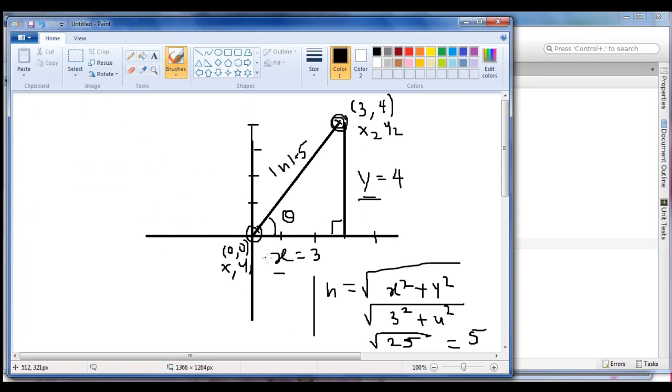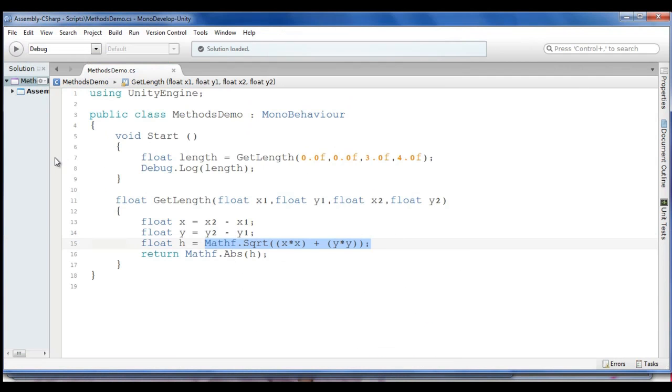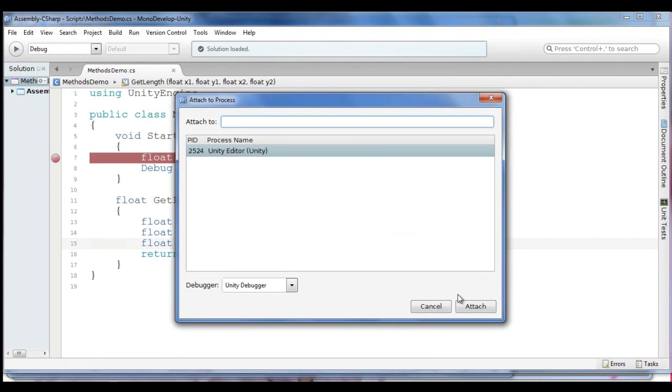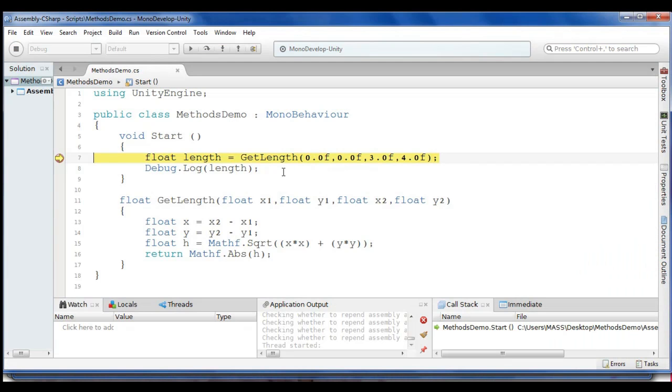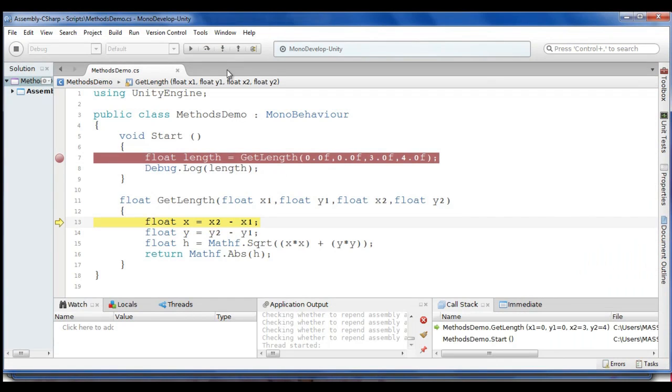Now let us check it out. I put a breakpoint and I explain so that you guys will be much more clear. And come back to Unity. If I run the code, now we are going to call the GetLength function. x1 you can see 0, y1 is 0, x2 is 3, y2 is 4.